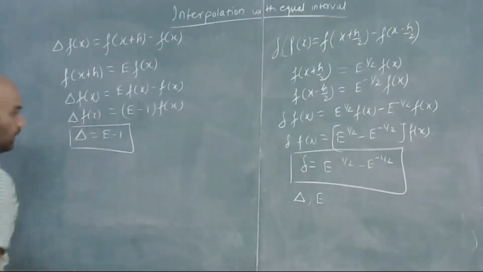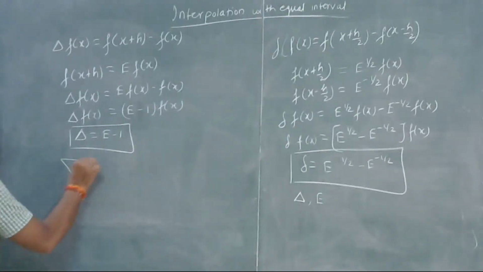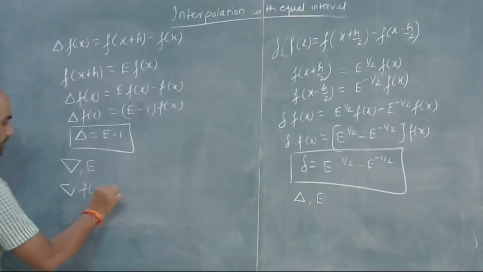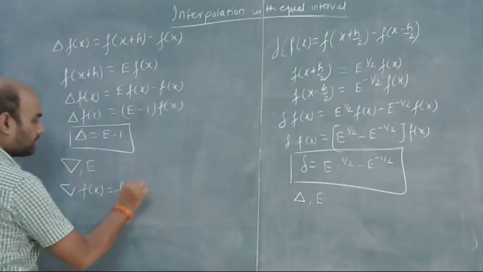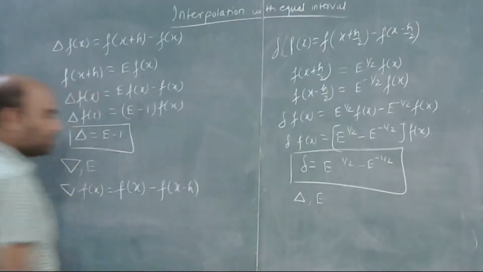Okay. And now the relationship between the backward operator and E. So how are they related? The backward operator nabla f of x is equal to f of x minus f of x minus h.